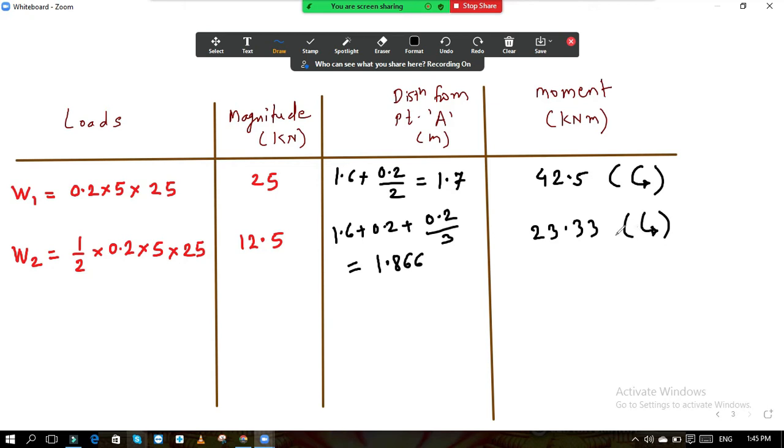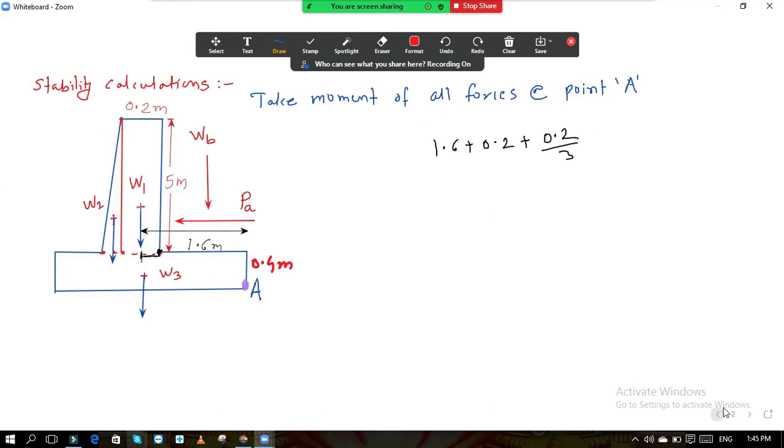Next thing is W3. Now if you see W3, W3 is very simple. It is a rectangle. This is your W3. So this width is 3 meter, which we already saw, this total is 3 meter and this is 0.4.